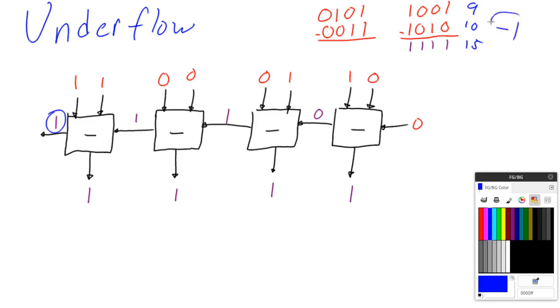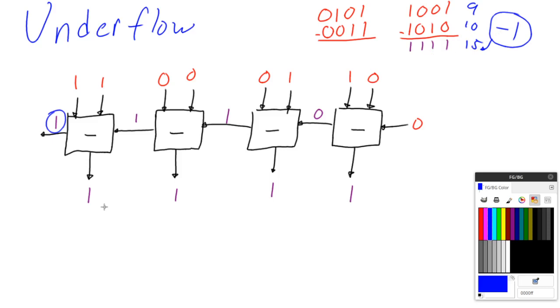Negative 1 is what we should have there, but we don't. Part of the big thing here is that we can't actually display negative numbers in our unsigned binary. That's what unsigned means. We can't have a sign there. We just always assume it's positive.